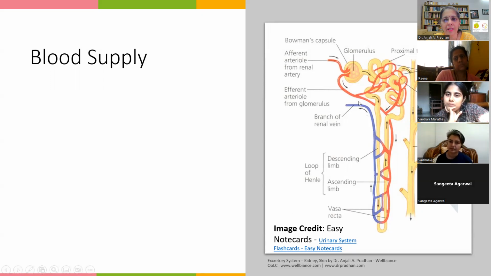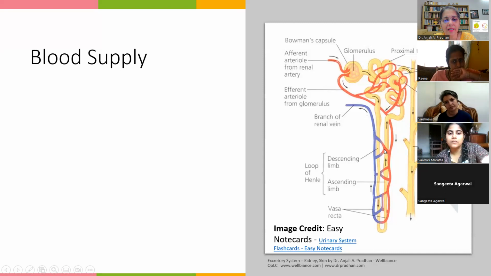This efferent arteriole, which continues down along with the loop of Henle, is called vasa recta. Vasa recta. So it again starts dividing. That is why next to the tubule there are capillaries, and that is why absorption and secretion is possible.